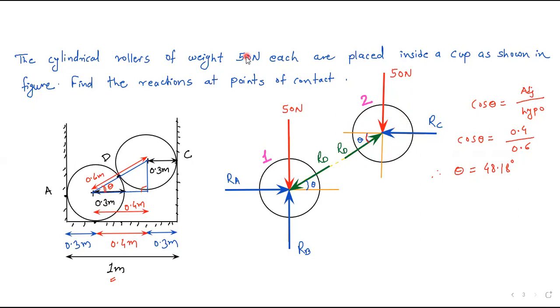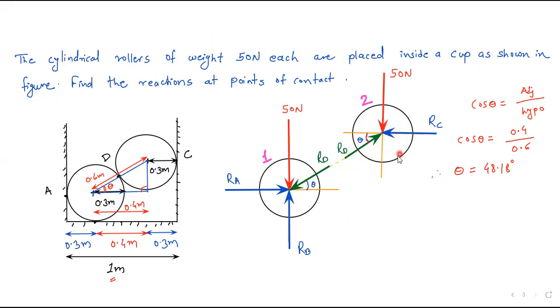Okay, so if we calculate all the angles, shall I draw a separate diagram, or are you understanding it in this diagram of sphere 2 itself? Are you getting my question?